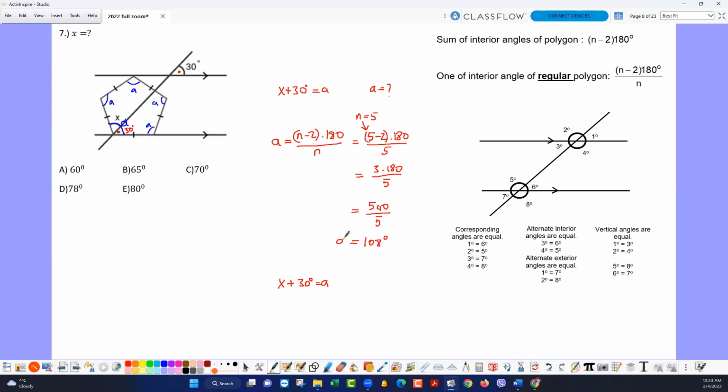A is equal to 108, we found. So x plus 30 is equal to 108, and x is equal to 108 minus 30, which is x is equal to 78.